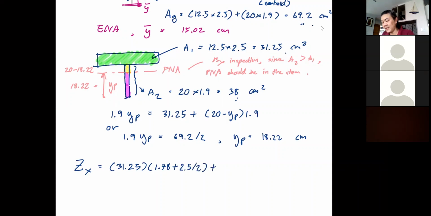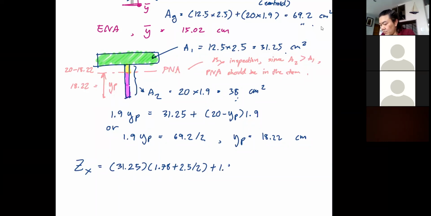The next one is, now it becomes the area multiplied by the moment arm. So basically it's the width multiplied by the height and then the height over 2, right? So I can easily do that.